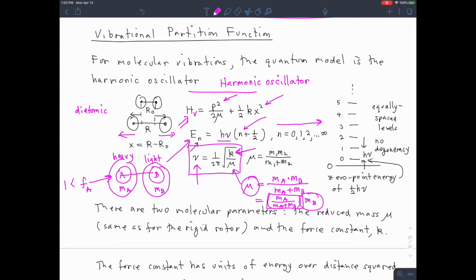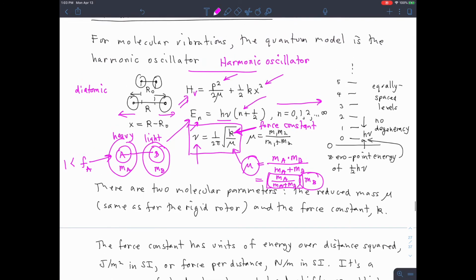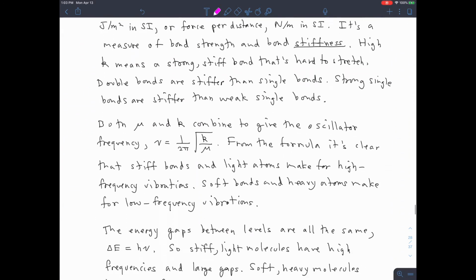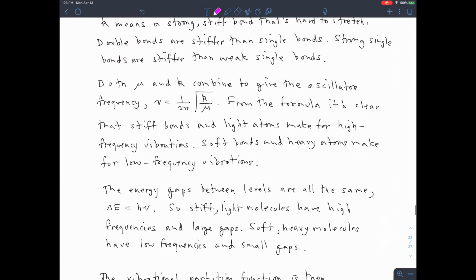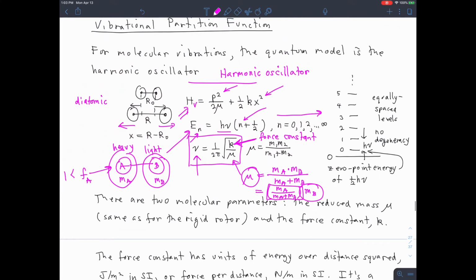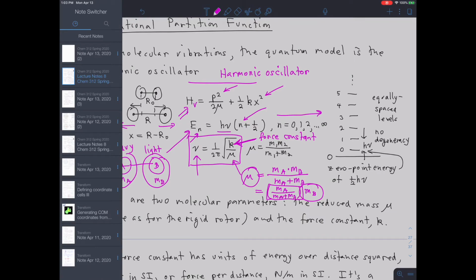The quantity kappa here, that's another Greek letter, Greek K, is the force constant for the bond and represents the stiffness of the bond, basically the strength of the bond.